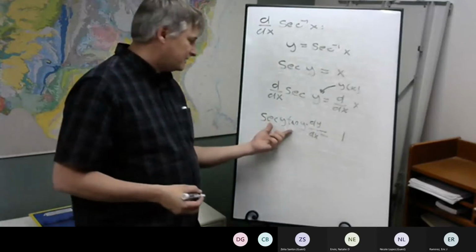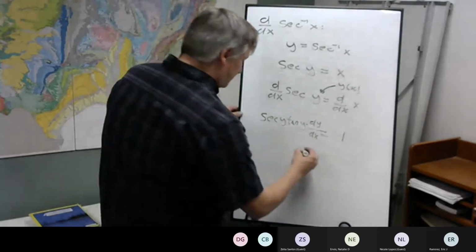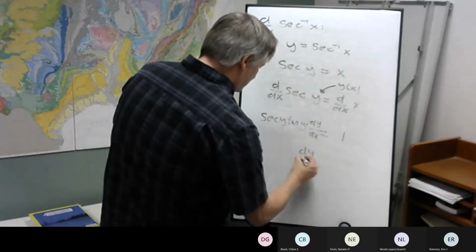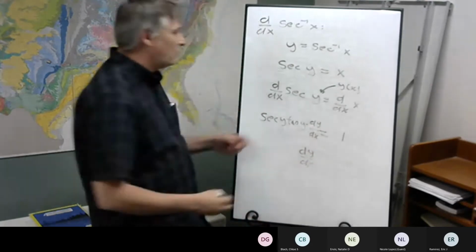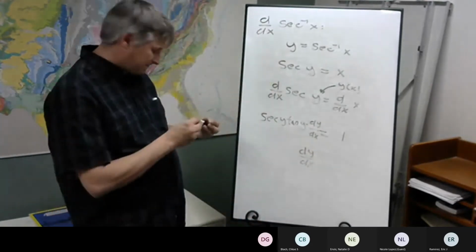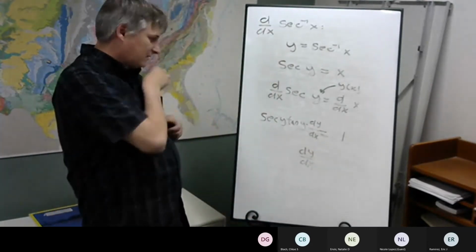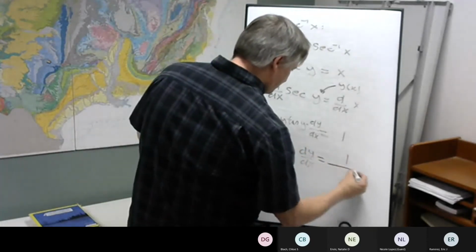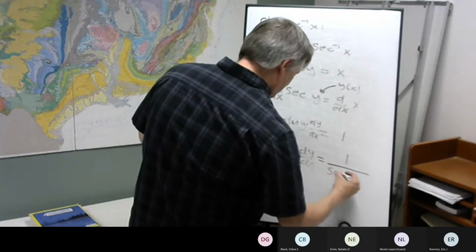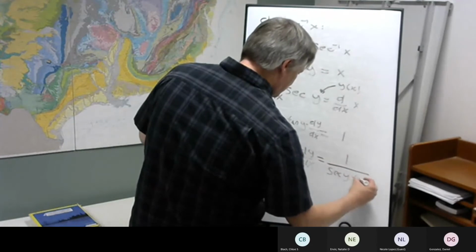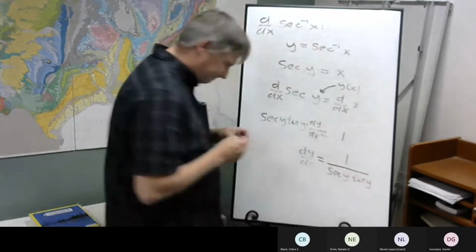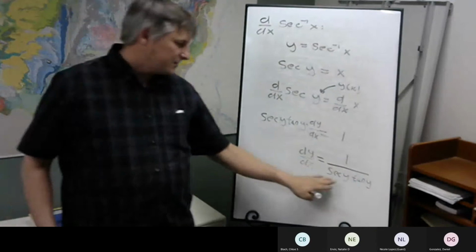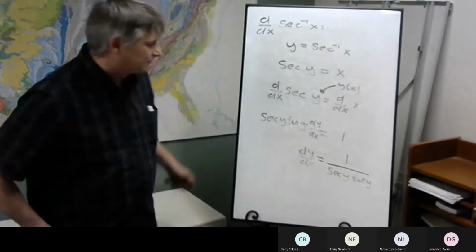So we'll divide by secant y tangent y, solving for our derivative, dy/dx. And keep in mind, y is originally secant inverse. dy/dx is 1 over secant y tangent y.